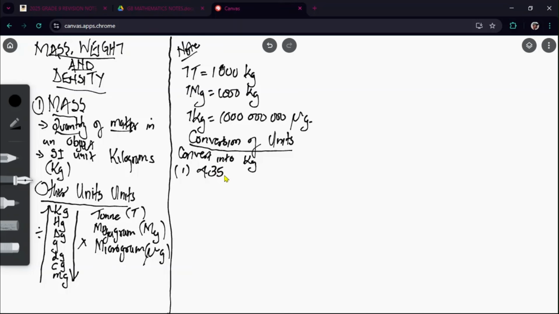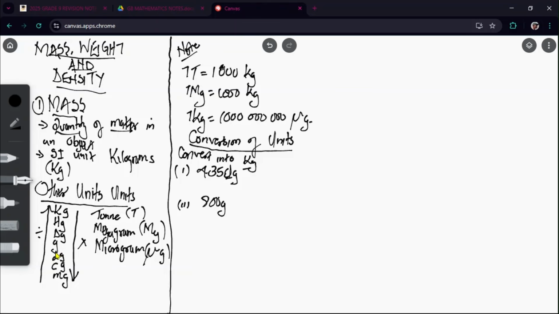The first one is 435 decigrams, and the other one is 800 grams. Now, we want to convert decigrams into kilograms. Here I have decigrams, and I want to convert into kilograms.